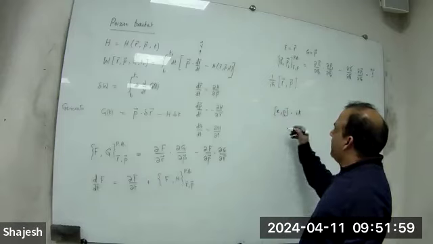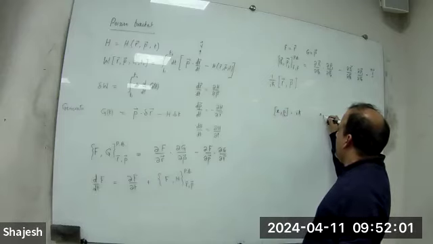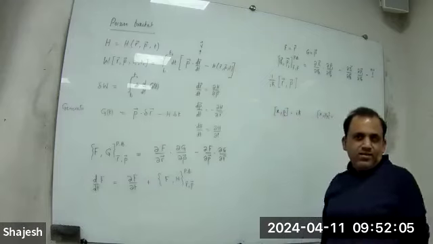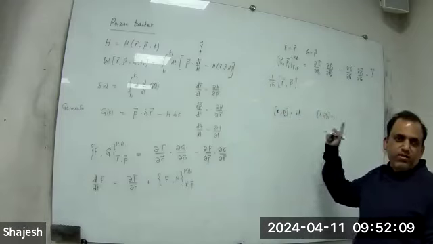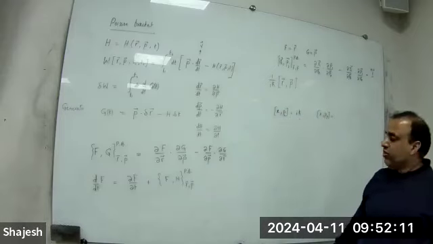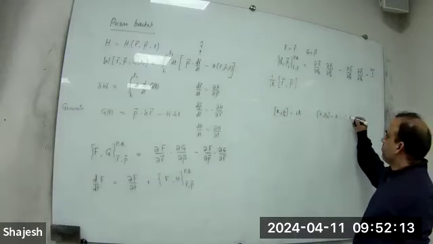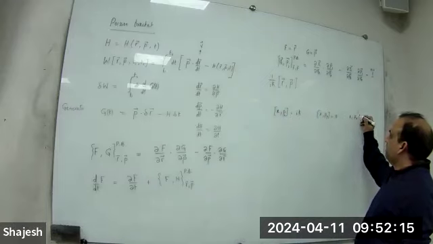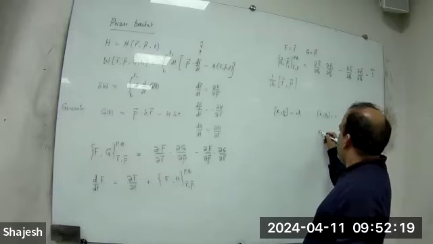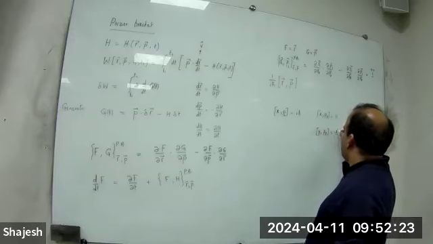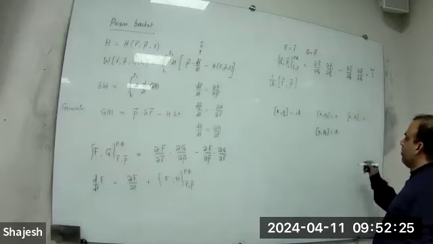And what is [x, py]? [x, px] is iħ, [x, py] is 0, right? Very good. [x, pz] is 0. And [y, py] is iħ, and so on.